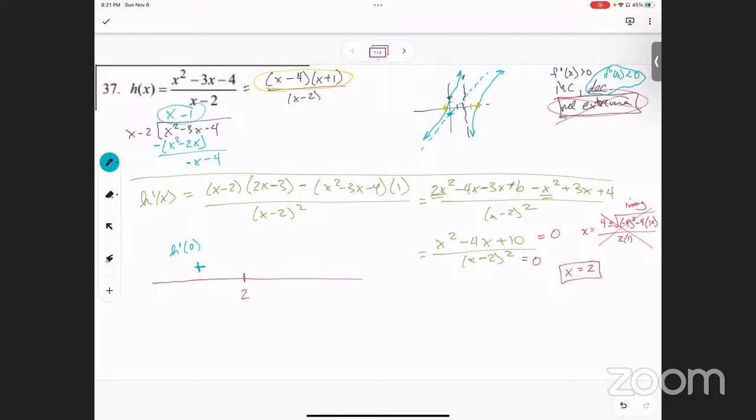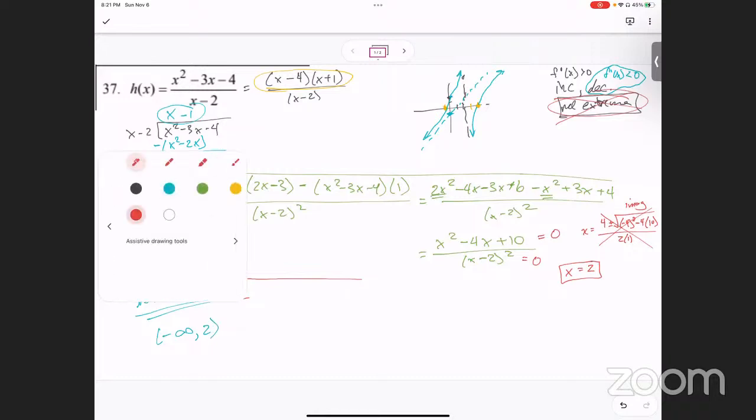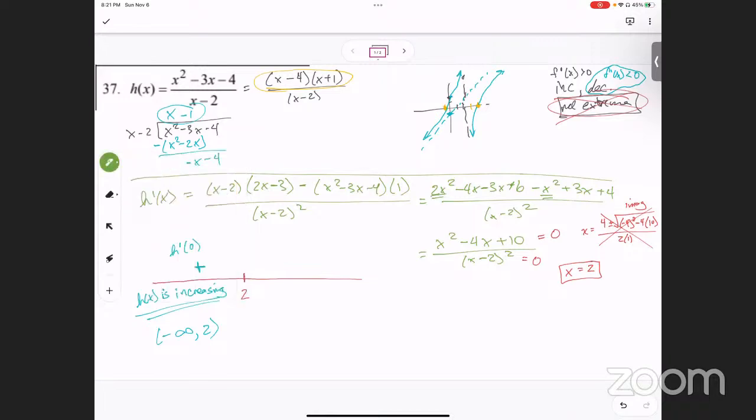And that means the original function, h of x, is increasing from negative infinity to 2.